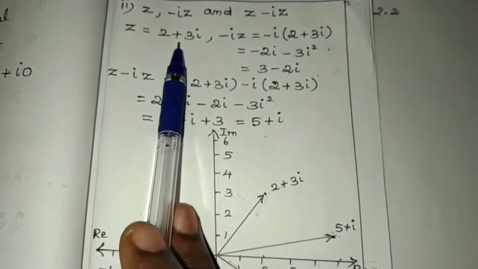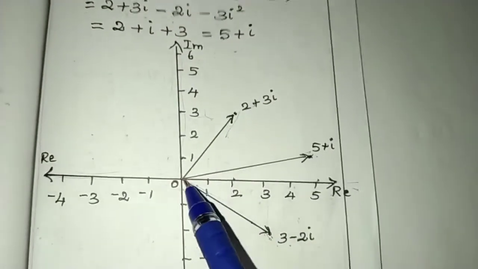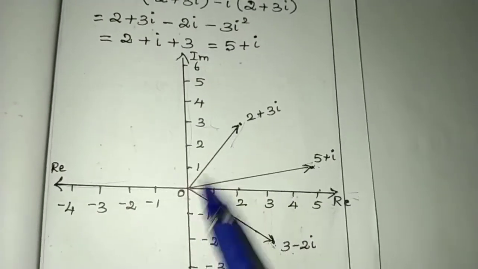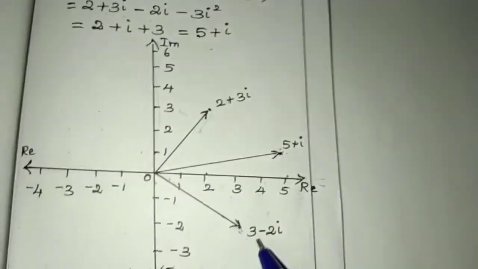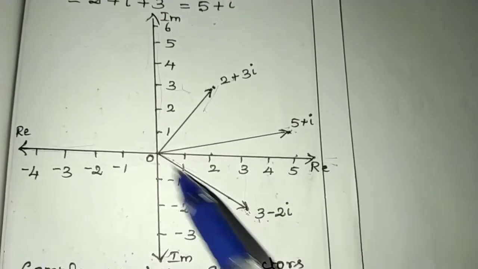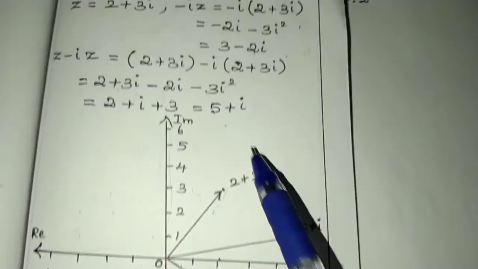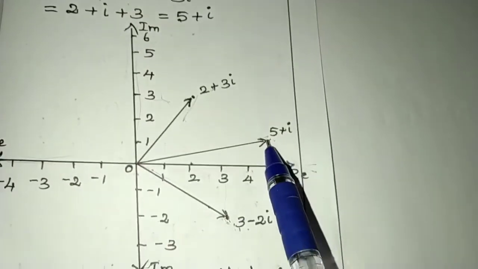First point 2 comma 3, mark the point, draw one vector. And second point 3 comma minus 2, mark the point, draw one vector. And 5 plus i, mark the point, draw one vector. That is complex numbers as vectors.